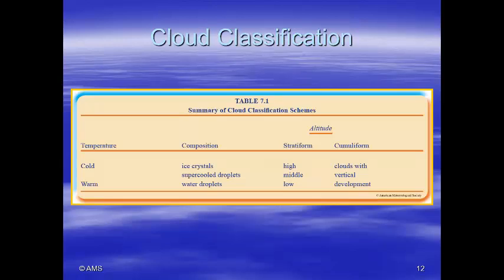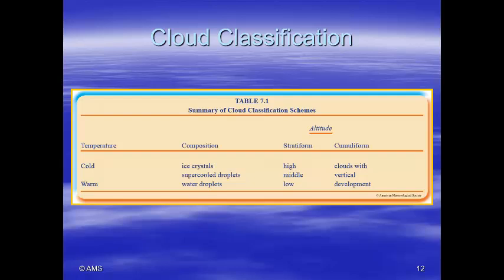So Table 7.1 shows a summary of cloud classification schemes. We have cold and warm clouds, and they can be composed of ice crystals, supercooled droplets or water droplets, and their altitude, we either have stratiform or cumuliform.